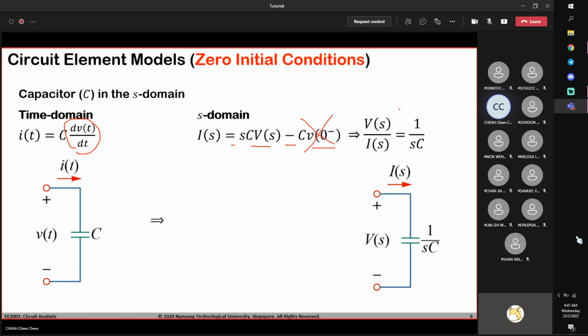Again, remember this by heart. So inductor sL, capacitor 1 over sC. By transforming capacitors into these circuit models, 1 over sC in the Laplace domain, you can similarly use what you have learned in week 1 and week 2 by treating it similar to a resistor network.